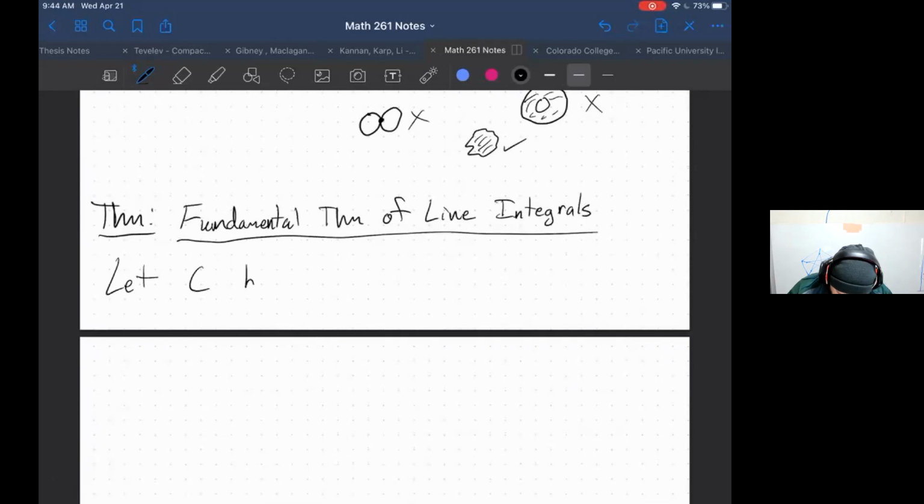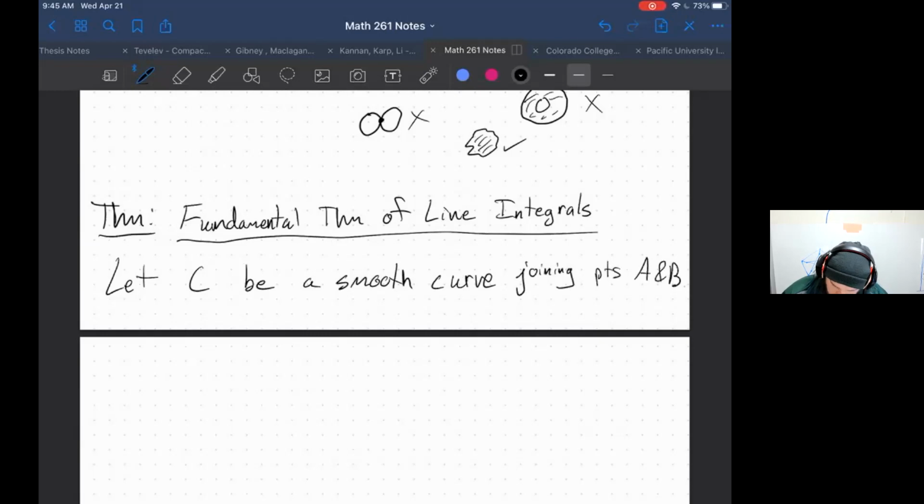So let's see. Let C be a smooth curve or path joining points A and B. This curve and these points are going to live in the plane or three-dimensional space.